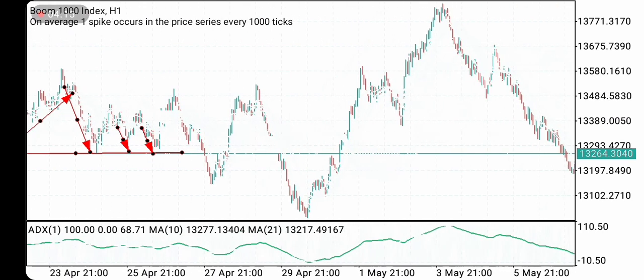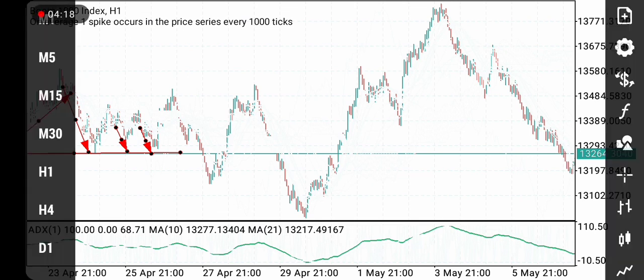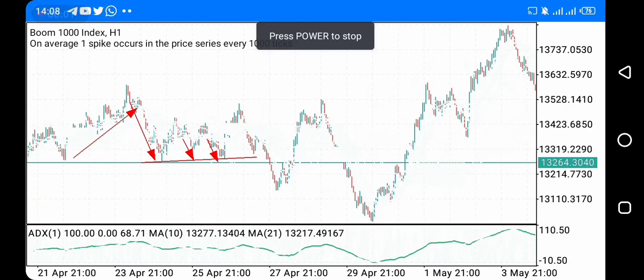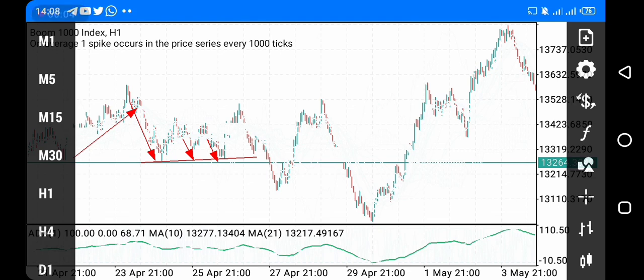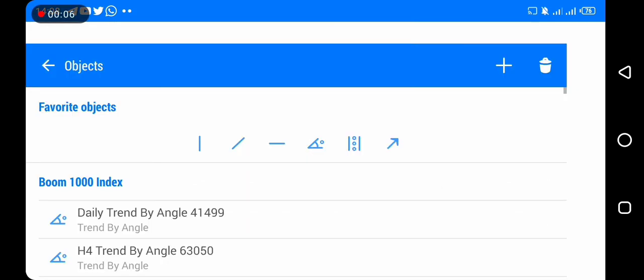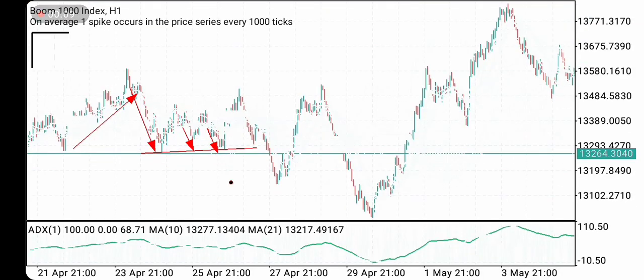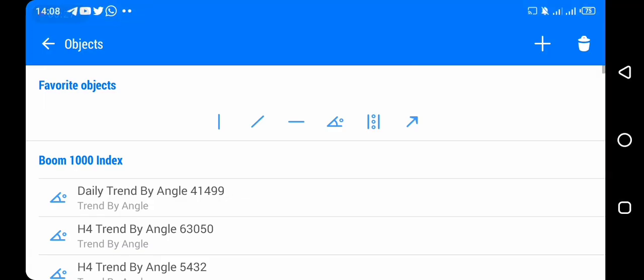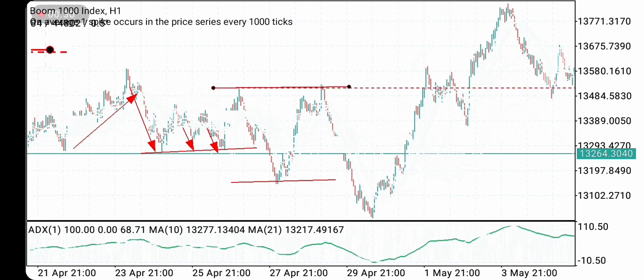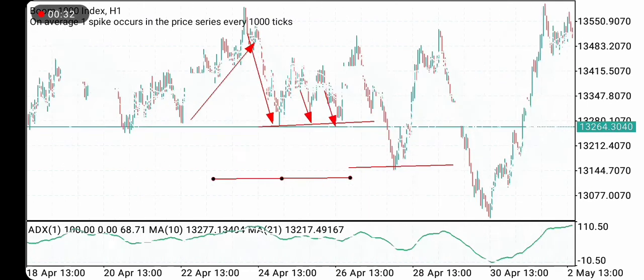Let's go and see another example. That's one support. Let's see another one. As small as this is, it is a support, because when the market reaches the place, it started moving up again. And that's another support. So that is to tell you that we have different supports at any different angle.